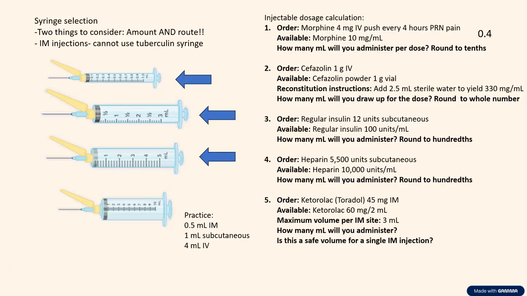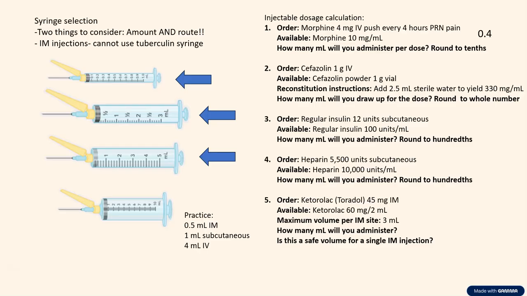The next is a reconstitution problem. We're going to use some of those rules. The order is for cefazolin 1 gram IV. We have a powdered vial of 1 gram. The reconstitution on the label says to add 2.5 milliliters of sterile water to yield 330 milligrams per milliliter.